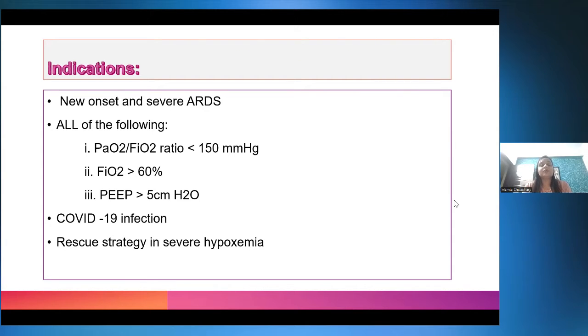And if the patient has the following parameters: a mismatched ventilation perfusion ratio with partial pressure of oxygen to FiO2 ratio less than 150 mm of Hg, FiO2 more than 60% and PEEP more than 5 centimeter of water. Recently in COVID-19 infection, this therapy, prone ventilation, has been used and has been found to be more effective for patients to increase their oxygenation status. This has also been used as a rescue strategy in case of severe hypoxemia.